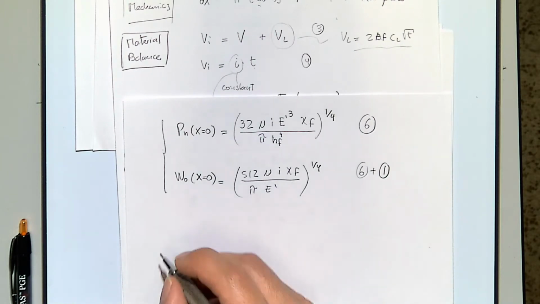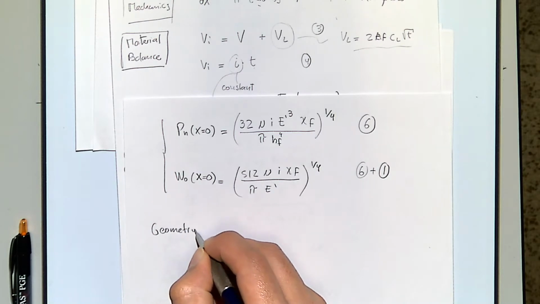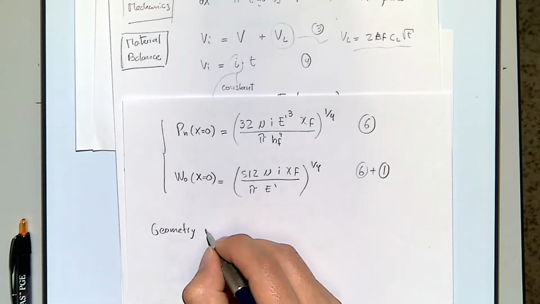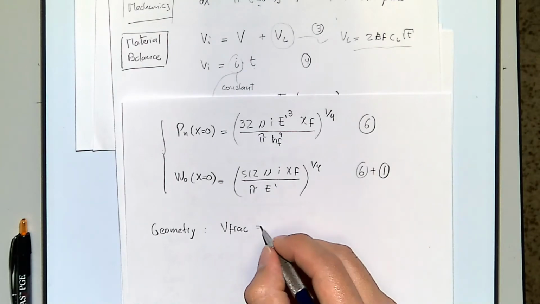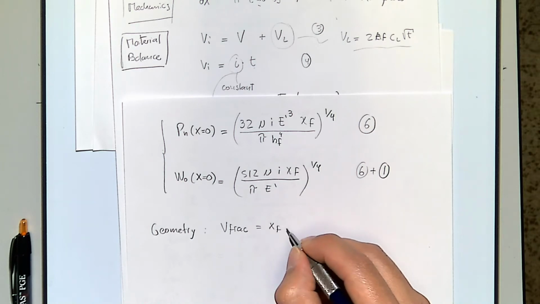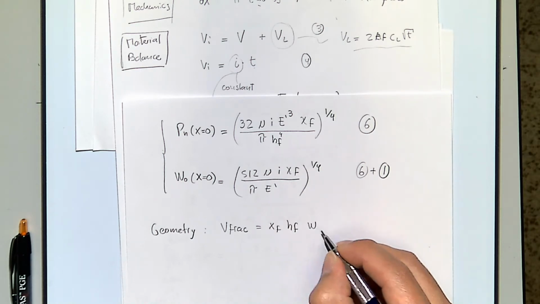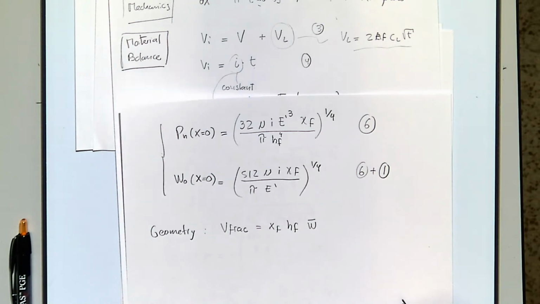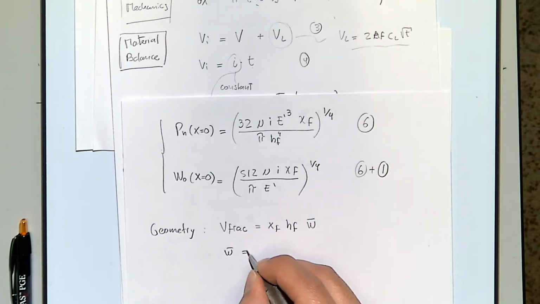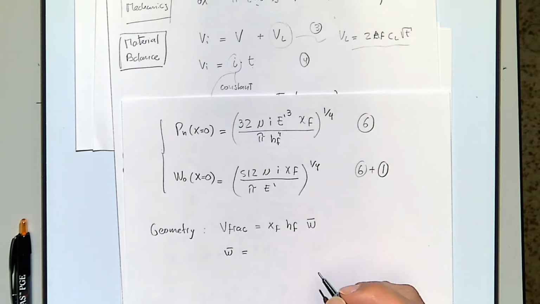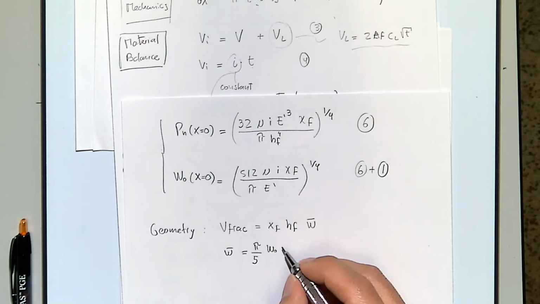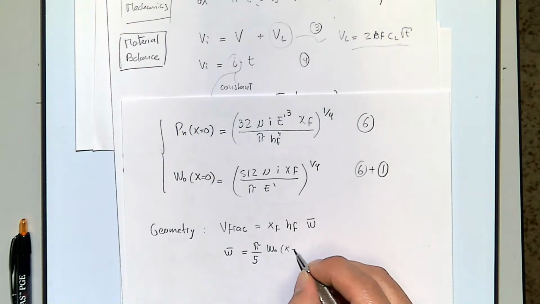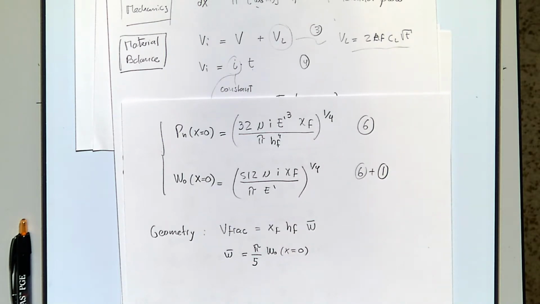So you can do some geometry, and you will find that the volume of one wing of the fracture is equal to the fracture half length times the fracture height times an average width, where the average width for that shape of this PKN fracture is pi over 5, this is just geometry, times the width at x equal to 0.